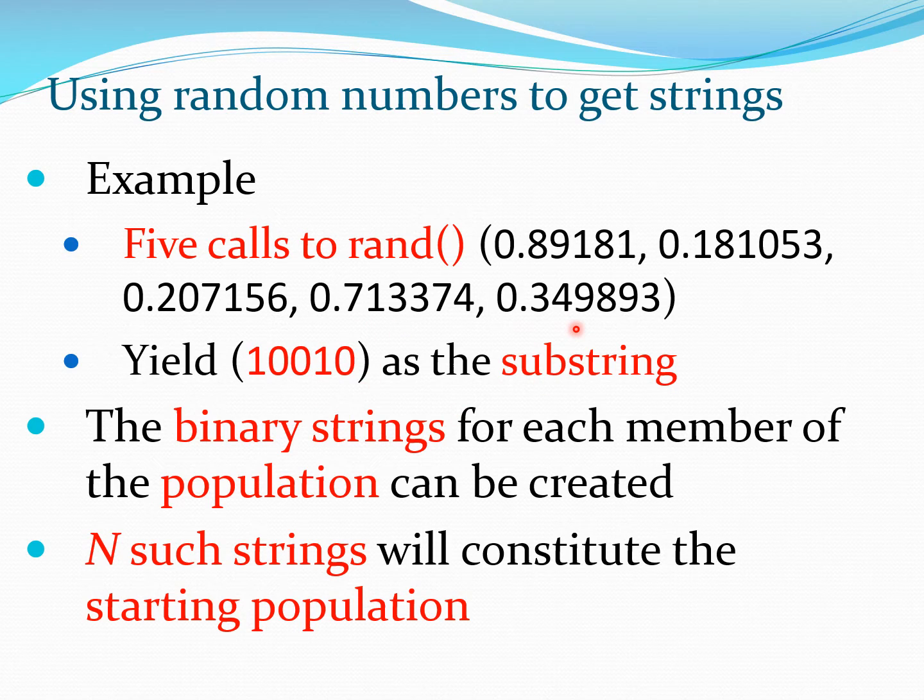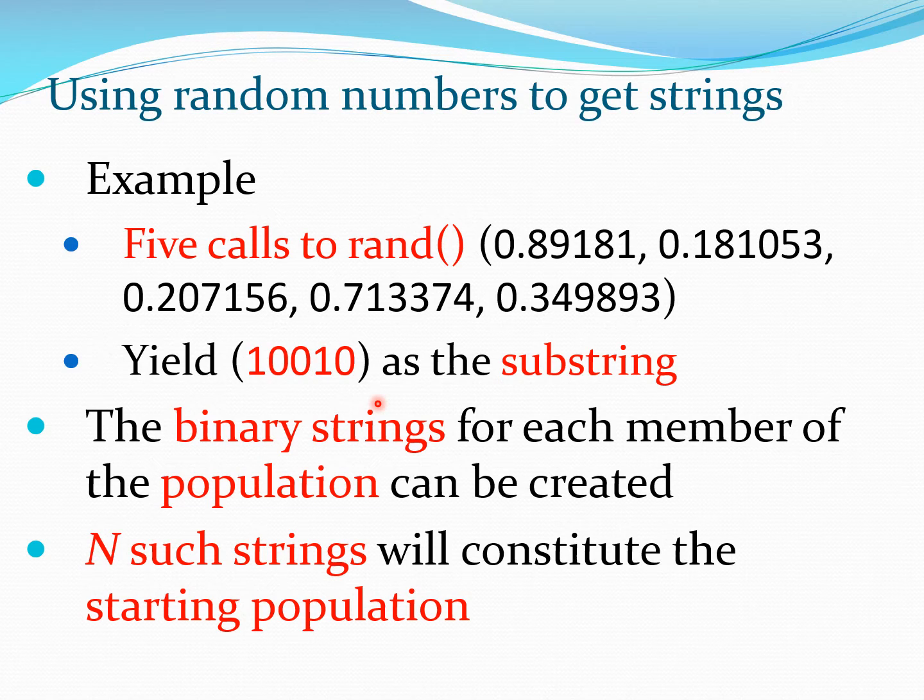And 0.34 is again less than 0.5, so it becomes 0. So by generating these 5 calls to the rand function, I can generate this 5-bit substring. Similarly, I can go on with this process and create the entire population completely randomly.